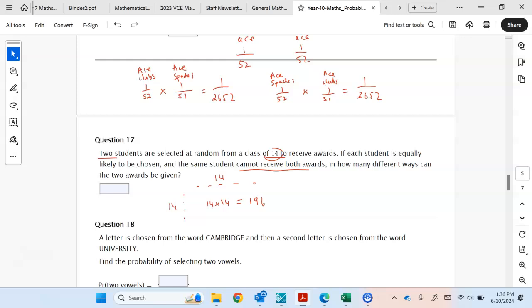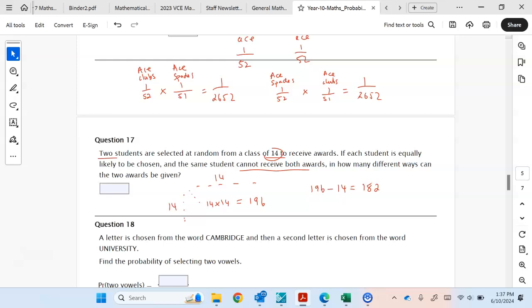Remember when we did these questions in class, it was the diagonal. You couldn't have those diagonal values. So it's going to be 196 minus 14, which is 182. Think of it in terms of if they could receive both. The question we did in class, they could get a distinction and a merit.